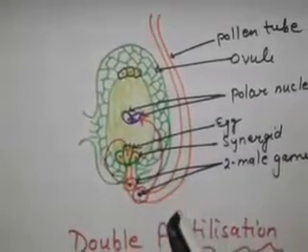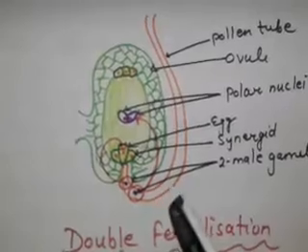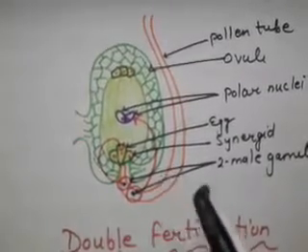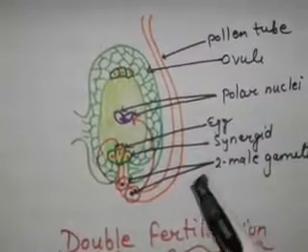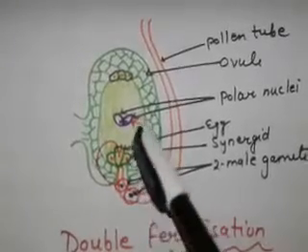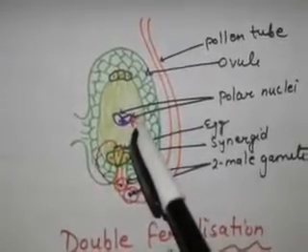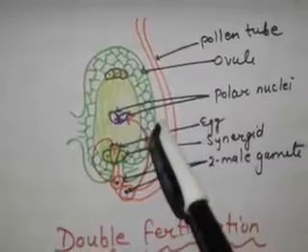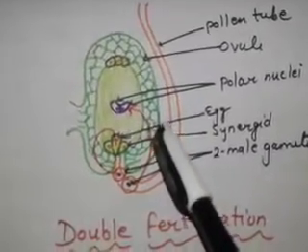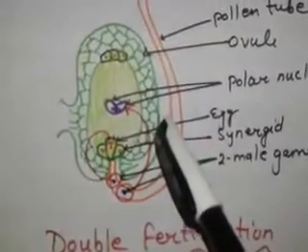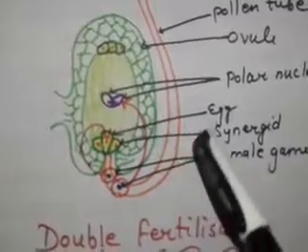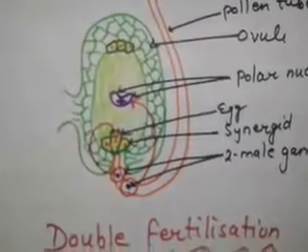Now the other male gamete fuses with the two polar nuclei to form the triploid primary endosperm nucleus, which is also called PEN. This is termed triple fusion.